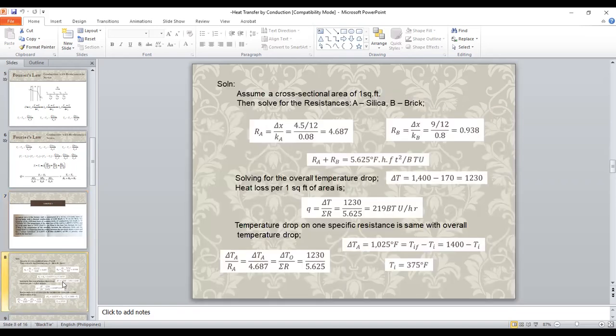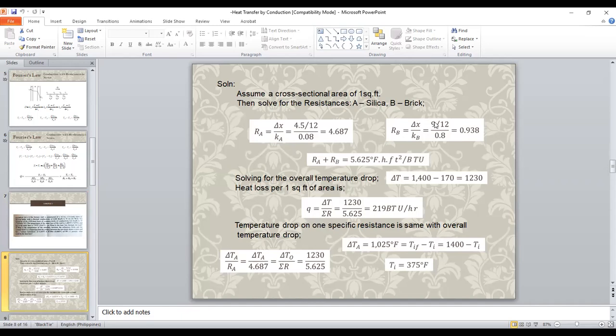Okay. Now, you have to solve the individual resistances of your bricks. So you have a combination of the silocell and the common brick. You have the thickness of the silocell given, and just like that of the common brick, it is in inches.